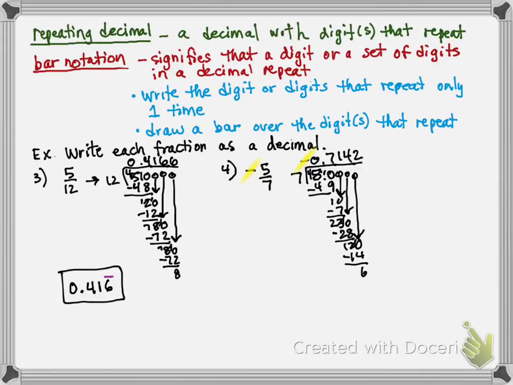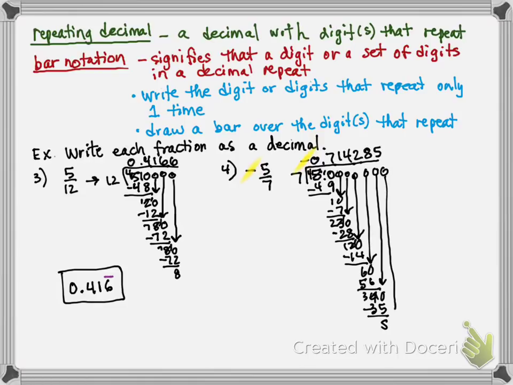And subtract, and I get a difference of 6. Oh my gosh, here we go again. 7 goes into 60, let's see, 8 times, which is 56. And we get a difference of 4. Annex another 0. Really important to keep things straight here. 7 goes into 40 5 times, which is 35, with a difference of 5.